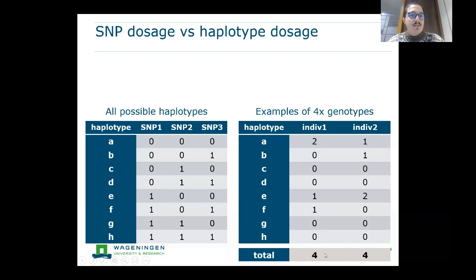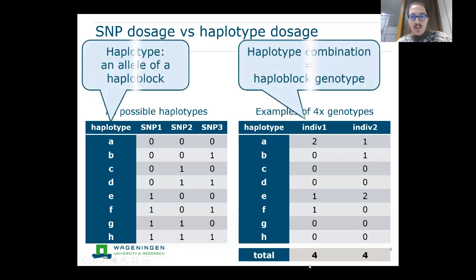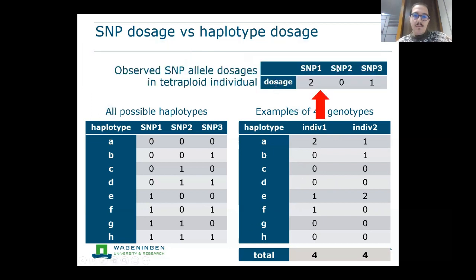I didn't mention this. Of course, Polyhaplotyper is also oriented towards polyploids. There's not a lot of haplotyping software for polyploids, so that was one of the reasons we're working on it. But yeah, so these 2 individuals with each 4 haplotypes, in the end, they both end up having the same SNP dosages.